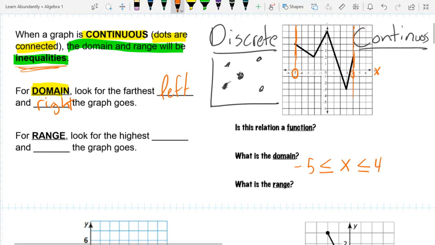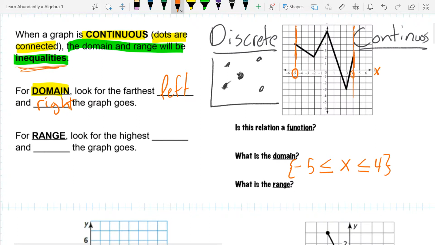And if we break this down, what we see is we have x is greater than or equal to -5, but less than or equal to 4. And all of our x's between -5 and 4 are on our graph, on our line. Okay. We're also going to put curly braces around it, just like we did when we did discrete.